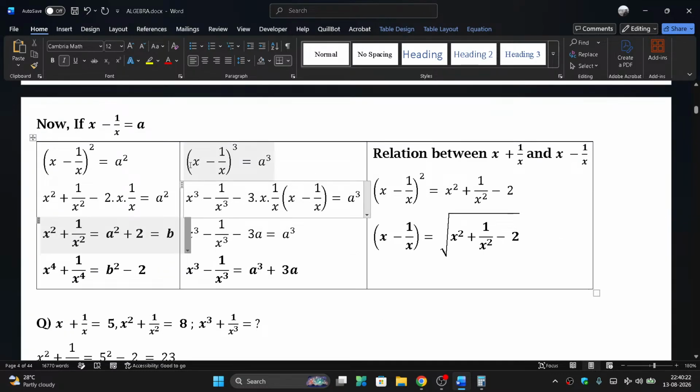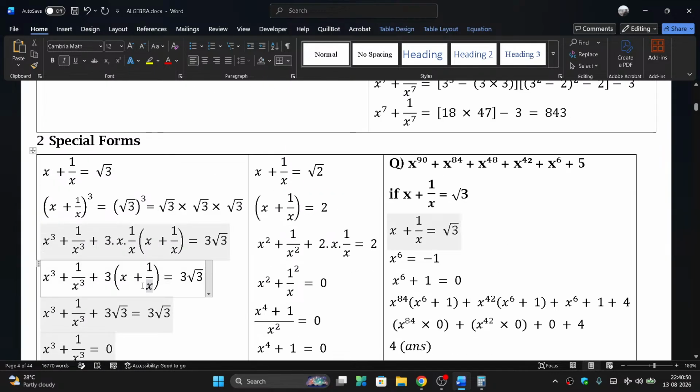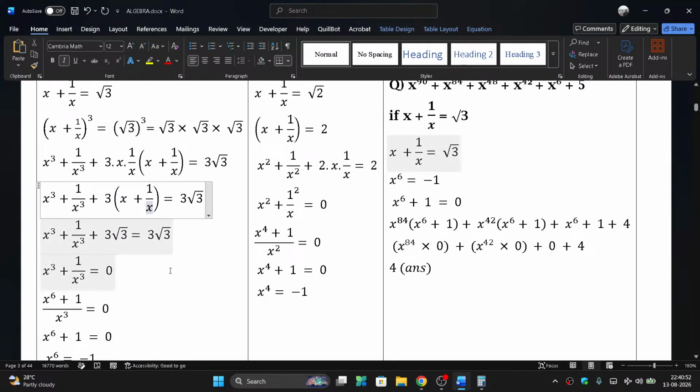Another thing is that we have to find the value of x cube plus 1 by x cube, and also the value of x cube minus 1 by x cube. Whatever. We can do this after cubing both the sides, and we know the formula of a plus b whole cube.